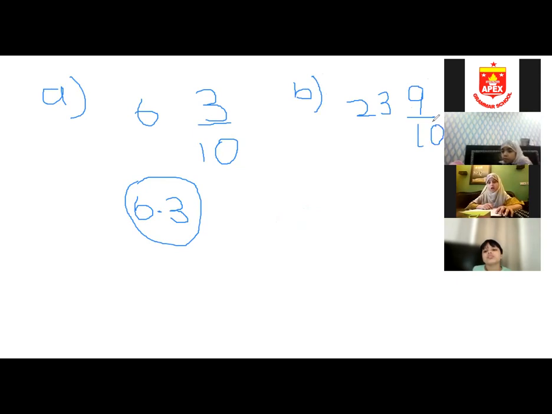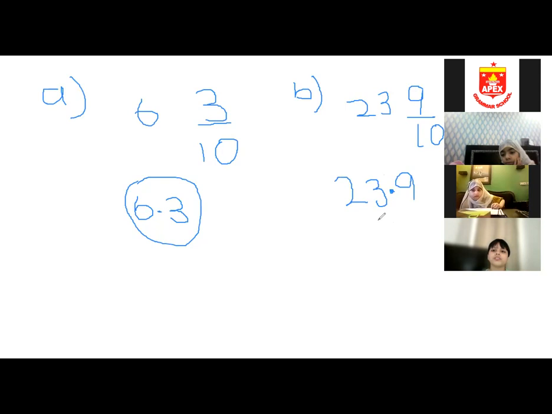So I know 9 by 10 is 0.9, but I have to add it with this mixed number. So with the place of 0, I write 23. So the answer is 23.9.